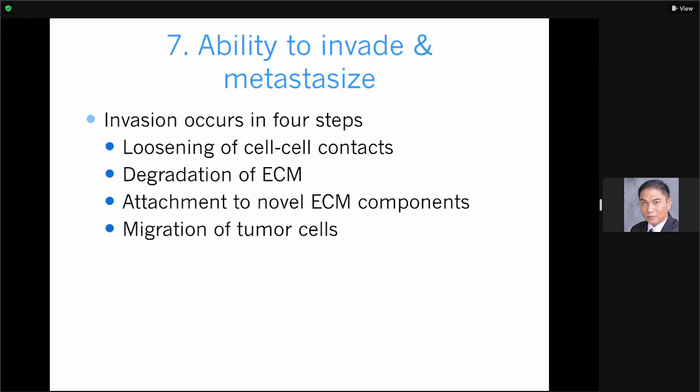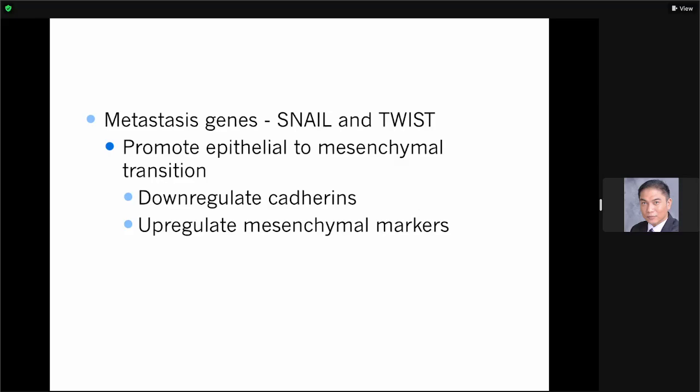So invasion occurs in 4 steps: loosening of cell-to-cell contacts, degradation of extracellular matrix, attachment to novel extracellular matrix components, and migration of tumor cells. So we have metastasis genes. Ang tawag sa kanilang dalawa, snail and twist.